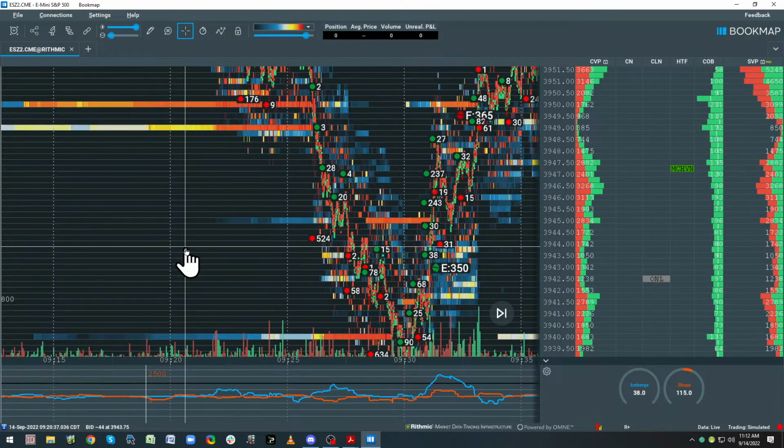Any questions on what is going on with this? I'm just reading the chats, trying to see what's going on in here. Midpoint reversal. Long midpoint reversal.